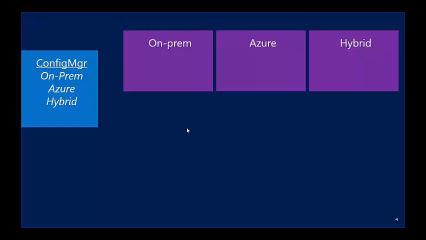If everything you're doing is on-prem, then you're not factoring in Azure at all. If everything you're doing is in Azure, then you're not factoring in on-prem at all. If you're doing hybrid, which is probably the most likely scenario to be of value, then you do factor in what you put on-prem and what you put in Azure.